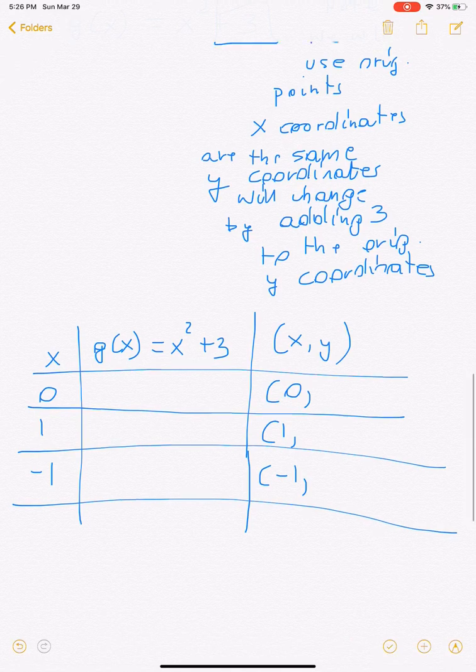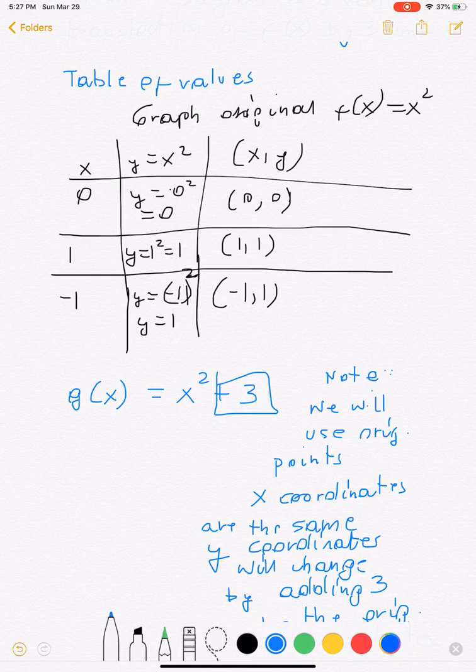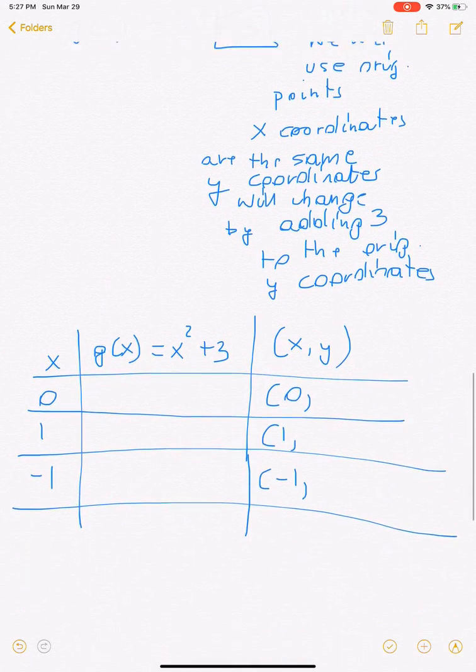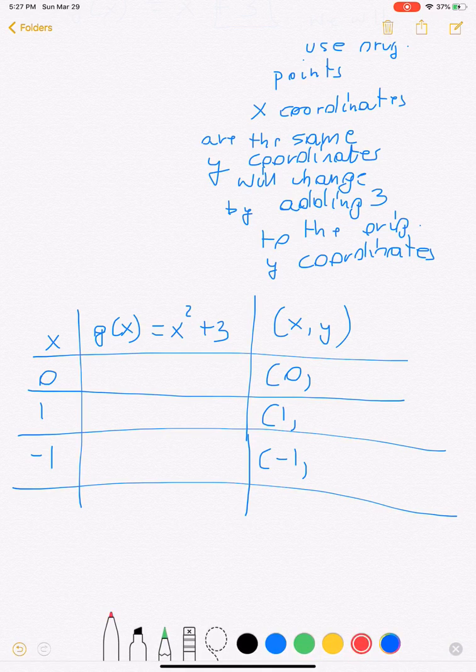So what I'm going to do, I'm going to use the original y coordinates. So when x is equal 0, originally we got 0, however now we're not going to have 0, we're going to add 3. So the g of x will have the point 0 comma 3, because we have that vertical shift 3 units up. So again, to original y coordinates, I just add 3.